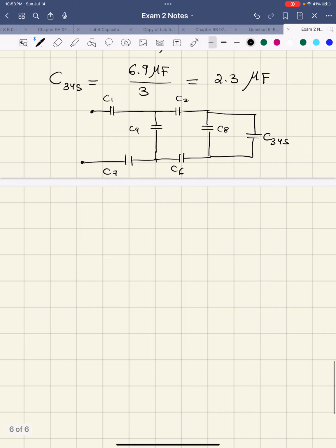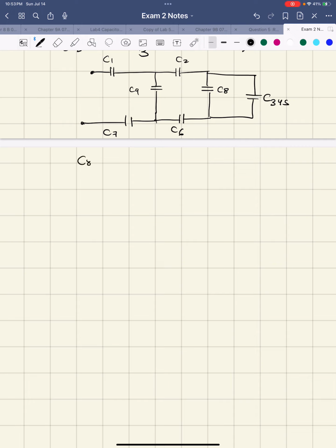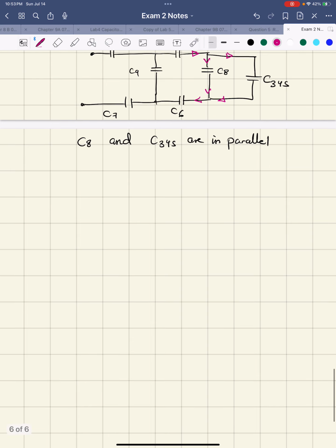Now, if you look at C8 and C345, you're going to find them in parallel. The reason is that here the current is going to branch and then combine together.